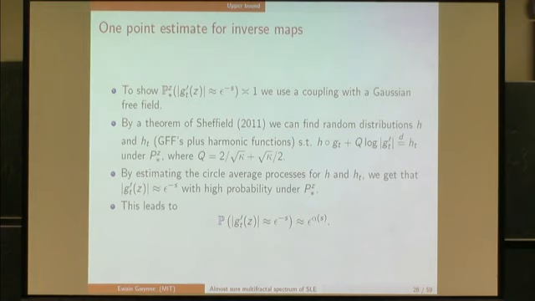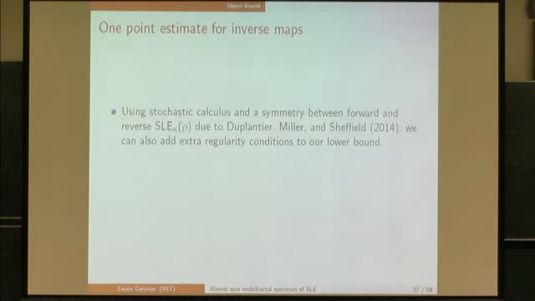So then this gives us our desired one-point estimate for the reverse Loewner maps. And actually we can do something a little bit better. Using some stochastic calculus and a symmetry result between forward and reverse SLE kappa rho, which was proven by Duplantier, Miller, and Sheffield in 2014, we can also add some extra regularity conditions to our lower bound.